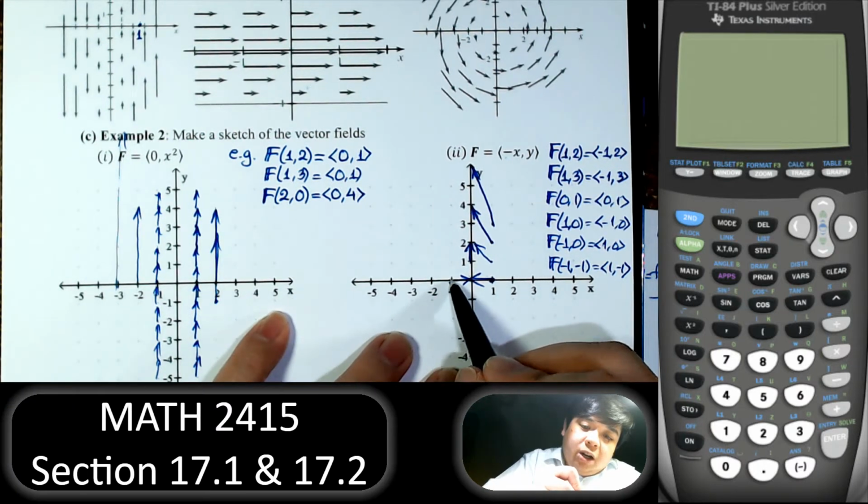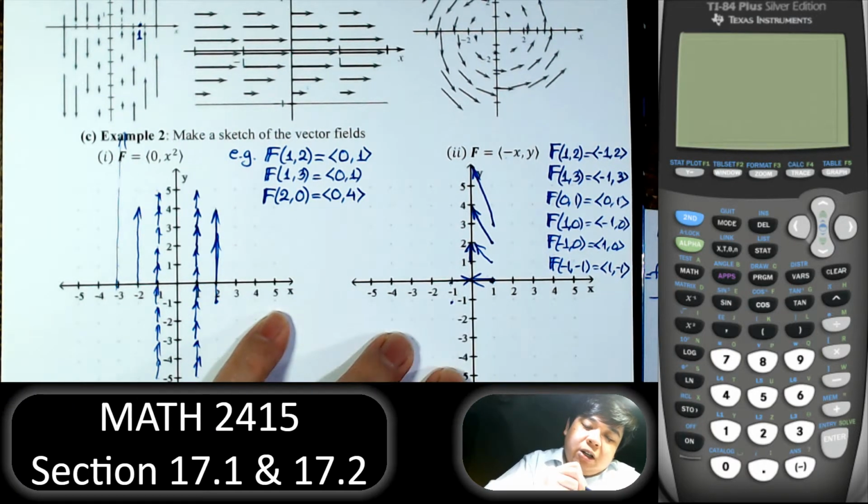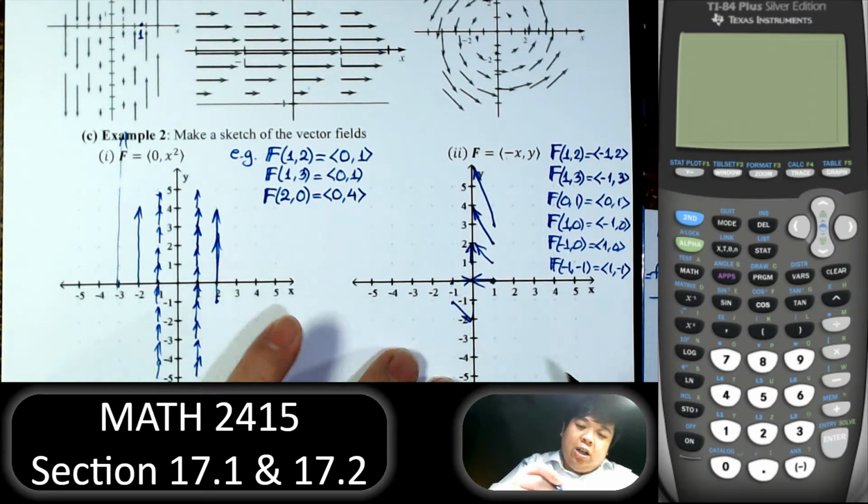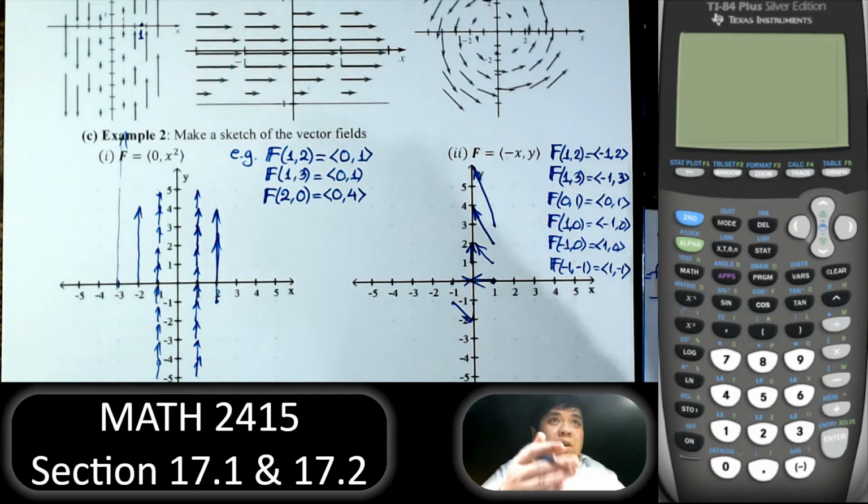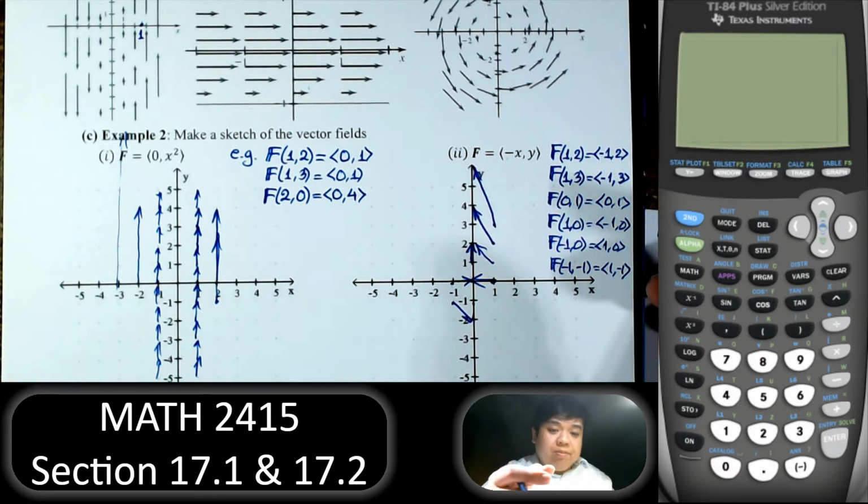So (negative 1, negative 1) gives (1, negative 1).